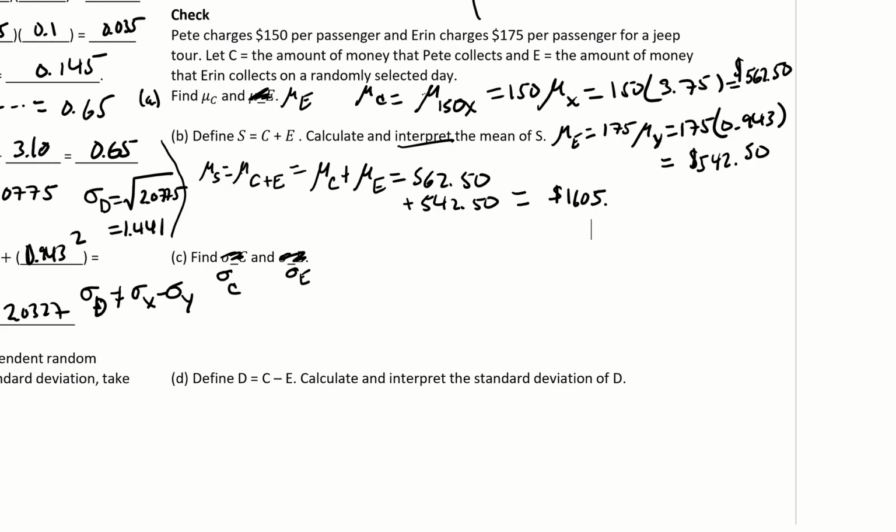That's an 11 here, not a 6. So what that means, if we were to interpret it, is over many randomly selected days, we would expect that the average, the typical amount of money made by Pete and Aaron's tours combined is $1,105.